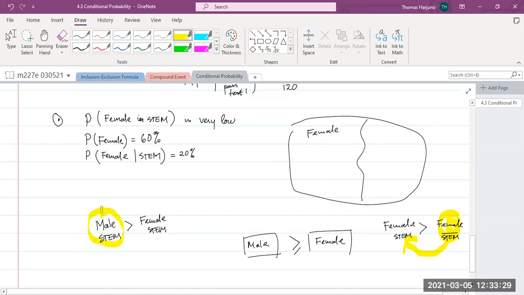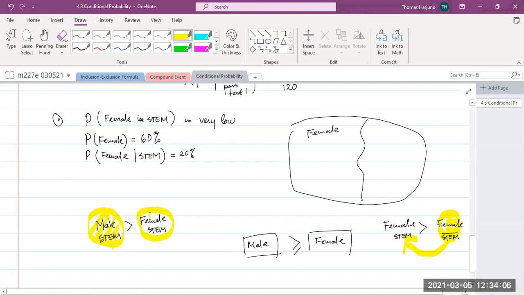Male in STEM tend to stay longer. So imagine you have male researchers already working in the field for like 30 years, compared to female who work in the same field for only 20 years or only 10 years. So the reason the male is associated with higher pay is because on average, they actually work longer in that STEM field or in that company compared to their female counterpart.